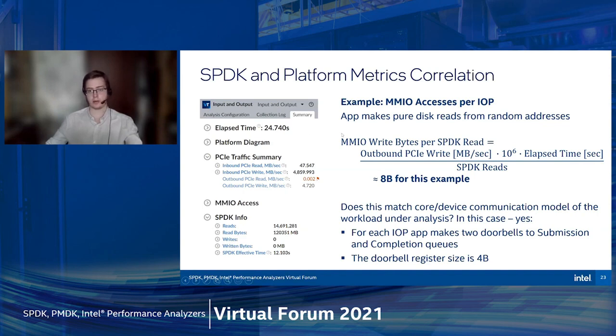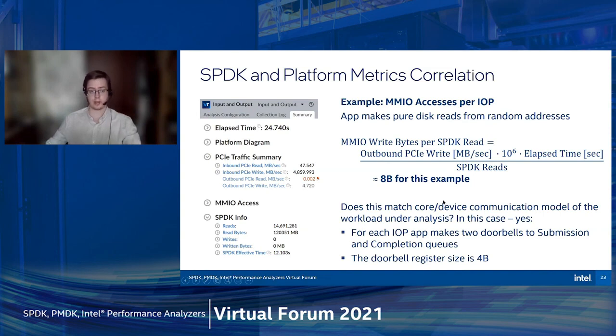So from these three parameters, you can easily calculate how many bytes were written through MMIO for each application read. So in this case, for these numbers, I have 8 bytes for each IO operation. And then the next question is, does this match the communication model of my workload or not?